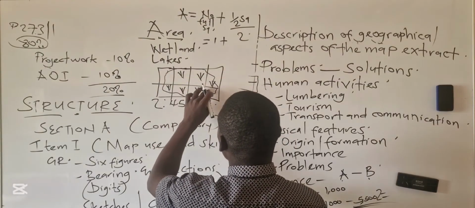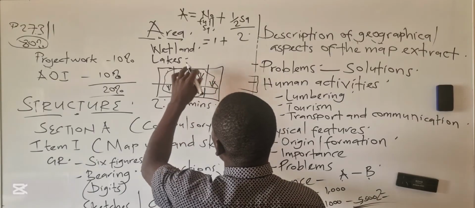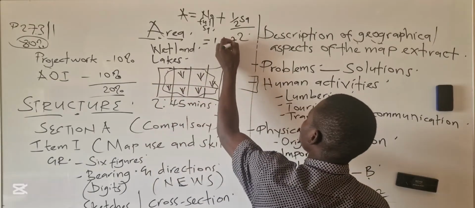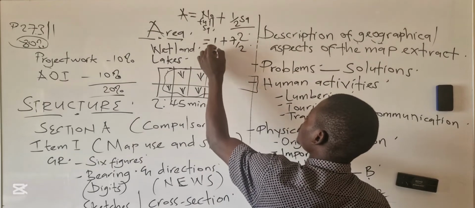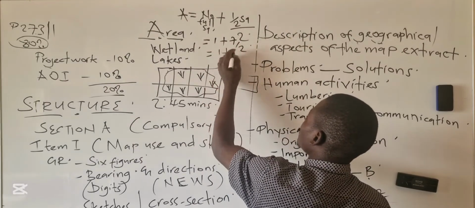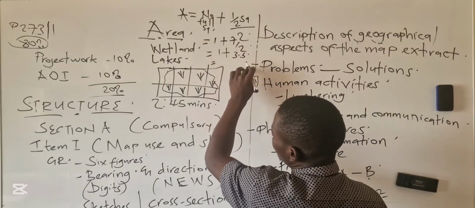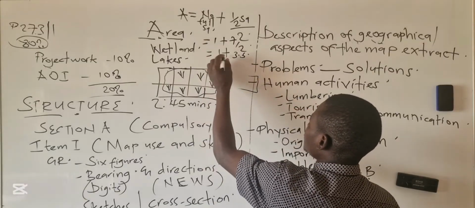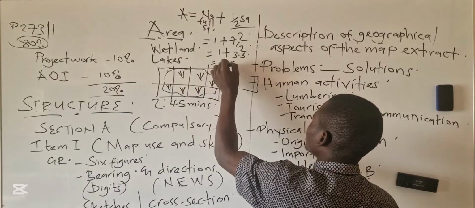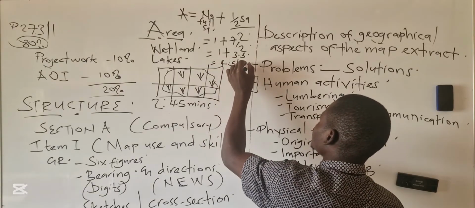So you get 7 out of 2. So this is 1 plus 3.5. So the area covered by this wetland is 4.5 kilometers squared.